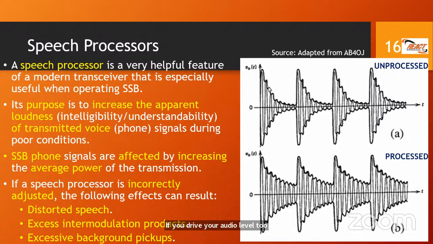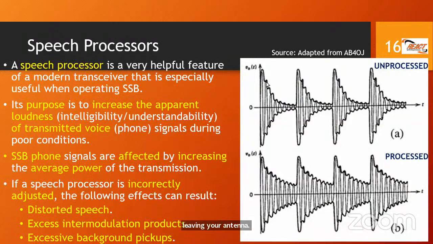So when you turn on your speech processor, if this is your natural voice and it boosts your voice here, notice the waveform is much higher. What that will also do is drive your transmitter more and cause the signal leaving your transmitter and your antenna to be stronger. So we say that the average power is increased.